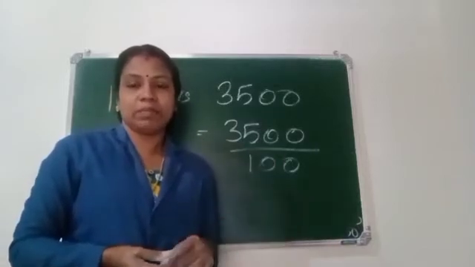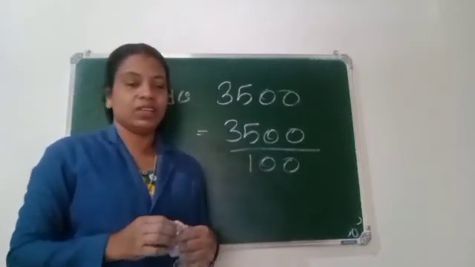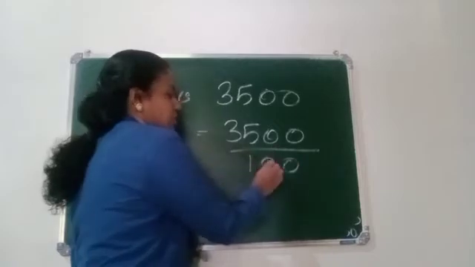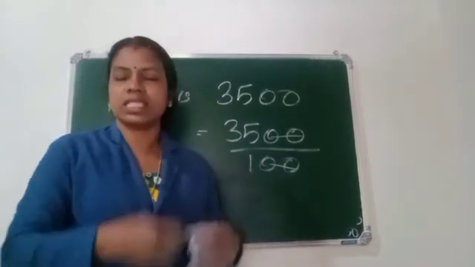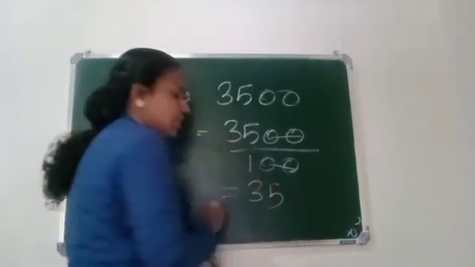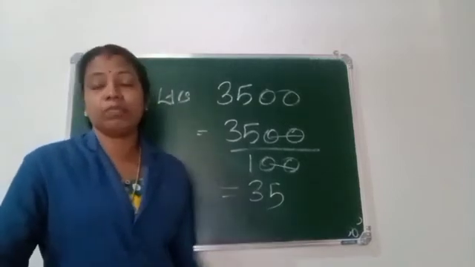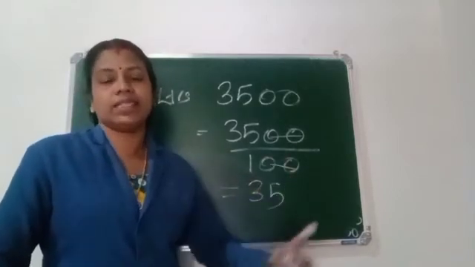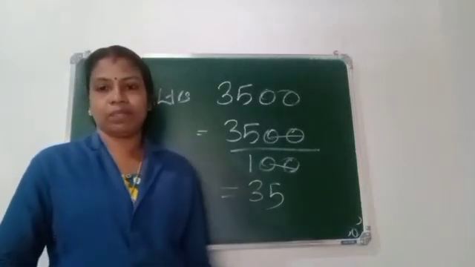In the last chapter, conversion of kilometers into meters, we divided. Just cancel the two zeros. Divided by 100 means just cancel two zeros. So the cost of 1 liter of diesel is 35 rupees.